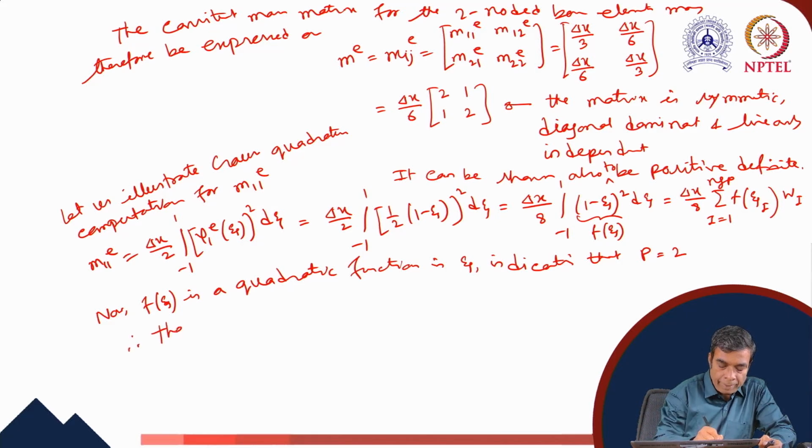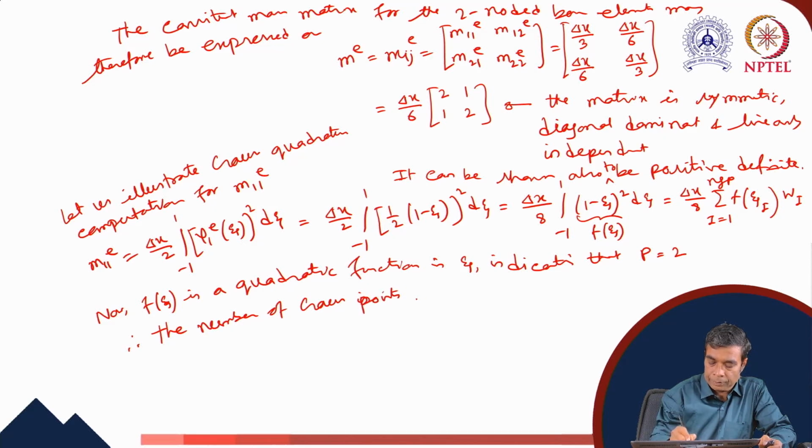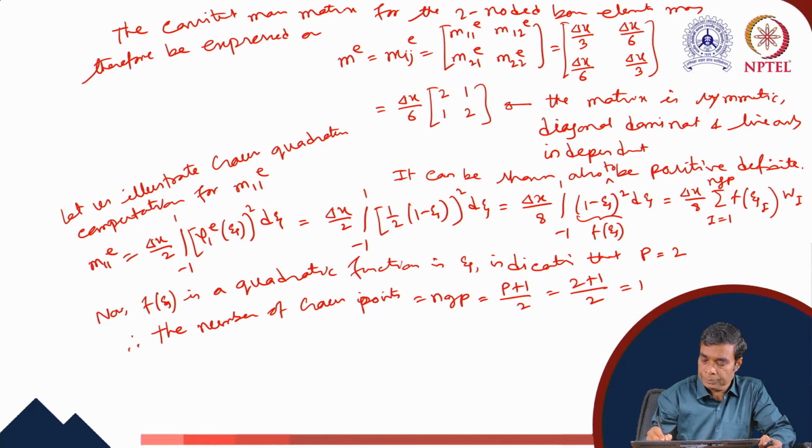Therefore, the number of Gauss or integration points is ngp equals (p plus 1) by 2. So this is (2 plus 1) by 2, which is 1.5. So we can take the nearest integer which is higher than 1.5. This is taken as 2.